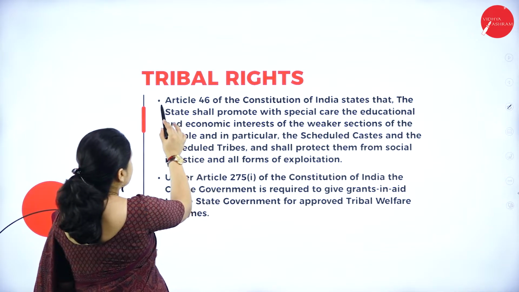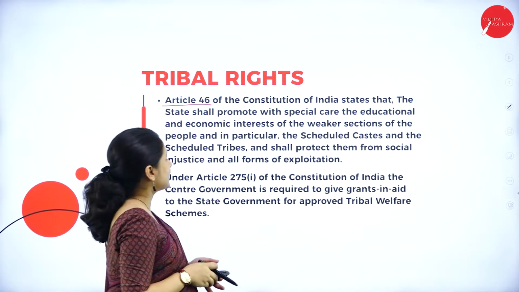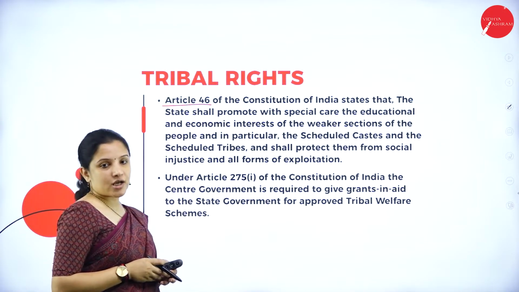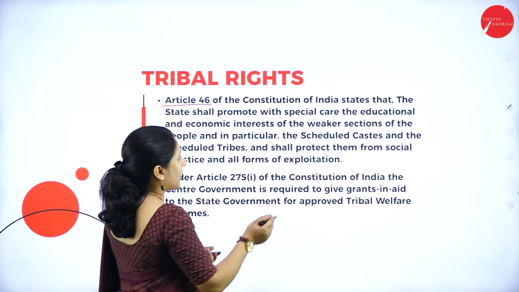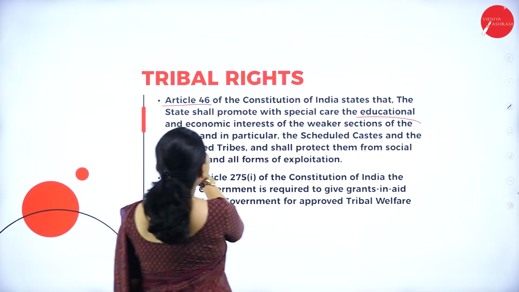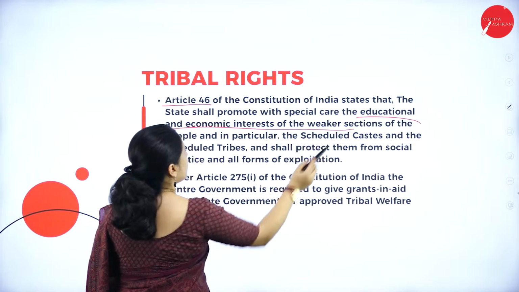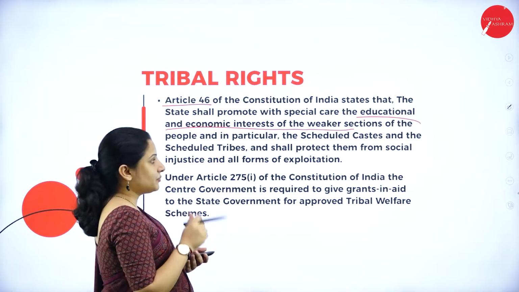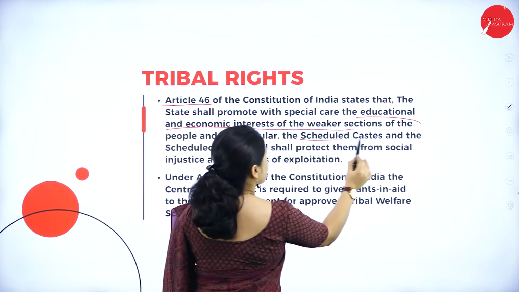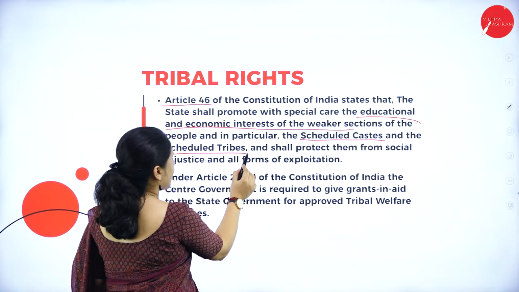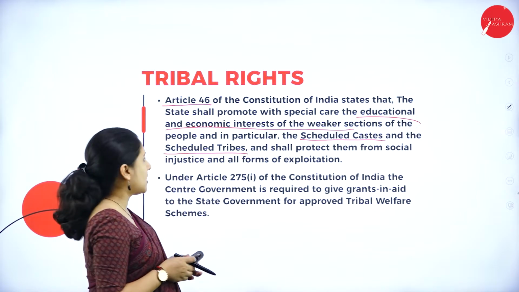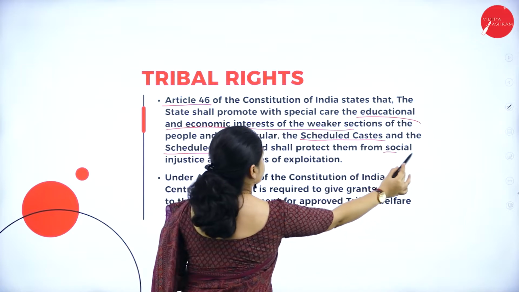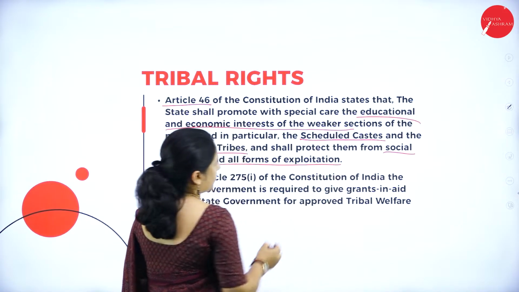Next, Article 46 of the Constitution of India states that the state shall promote with special care the educational and economic interest of the weaker sections of the people, that is the tribal people, and in particular the scheduled caste and the scheduled tribes, and shall protect them from social injustice and all forms of exploitation.